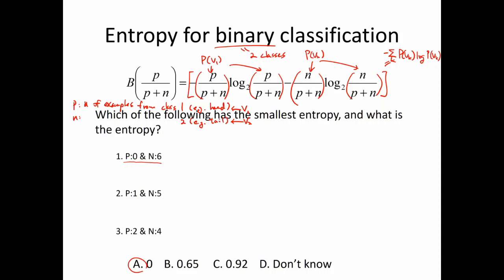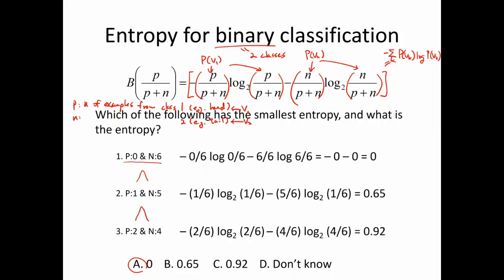And we would expect that the second case will have a higher entropy. So you think it's probably from the second class, so a 5 out of 6 chance, but you're not fully certain. And then the entropy would be even bigger for case 3. And we can actually do the computation, which will just verify our intuition.